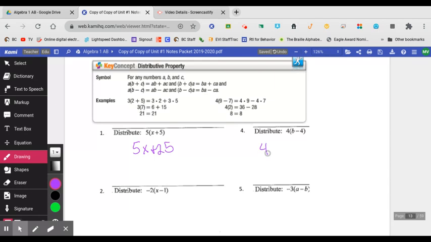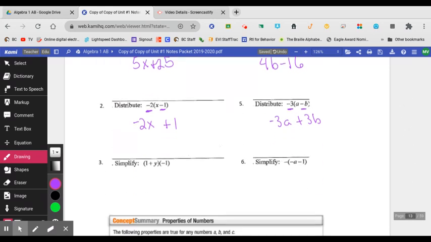We get 4b minus 16. Here we get negative 2x plus 1. This one's tricky because you're distributing a negative 2 and multiplying it by a negative 1. So negative 2 times a negative 1 is a positive 1. Again, here it's negative 3a plus 3b, because again, it's negative 3 times negative b.